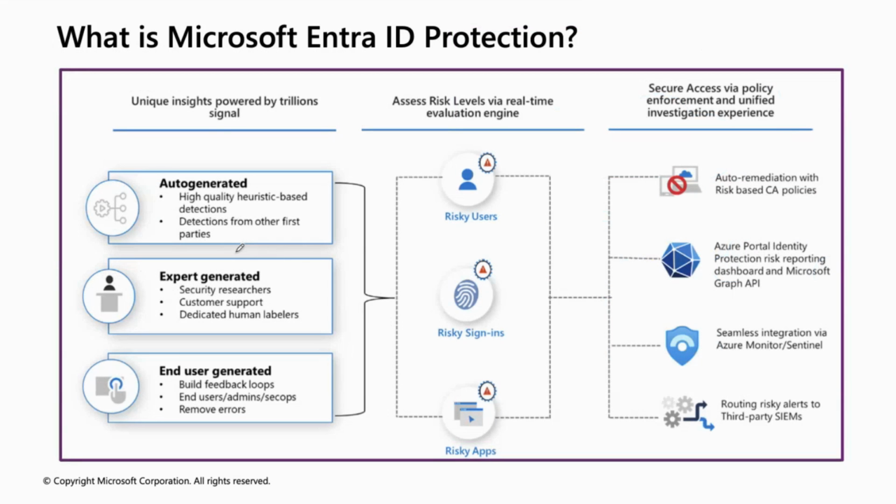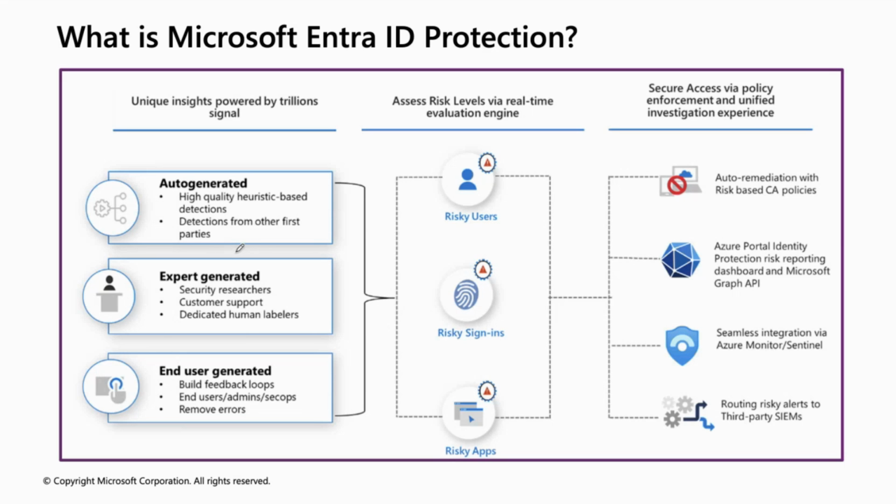Now team, after Defender for Identity, we have another solution for identity, for your cloud identities, Microsoft Entra ID Protection. Microsoft Entra Identity Protection is a service that enables your organization to view the security posture of any account.